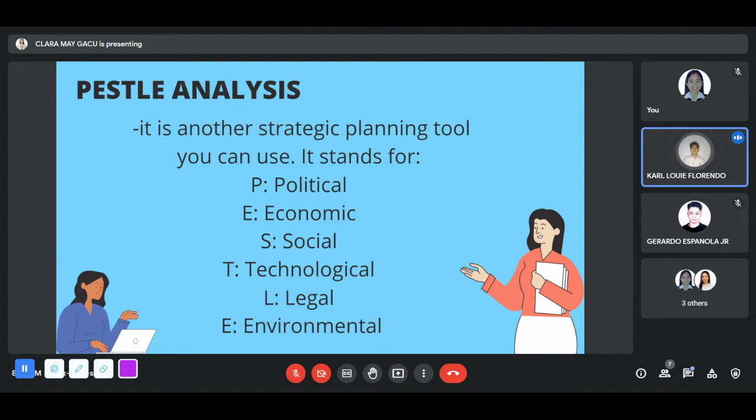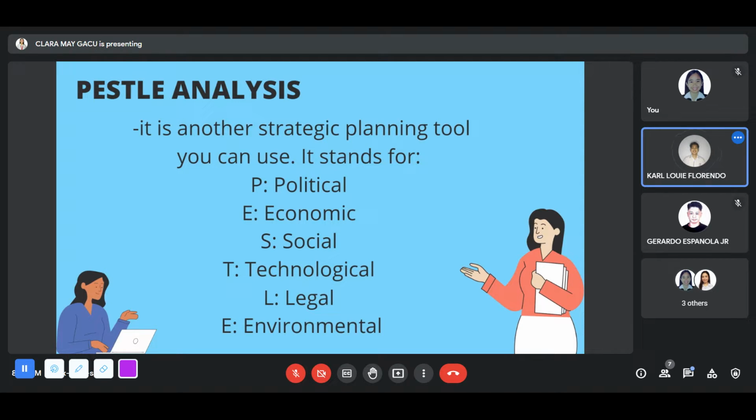When we say macro environment, it refers to the set of conditions that exist in an economy as a whole. So this includes demographic, economic, political, ecological, sociocultural, and technological forces.